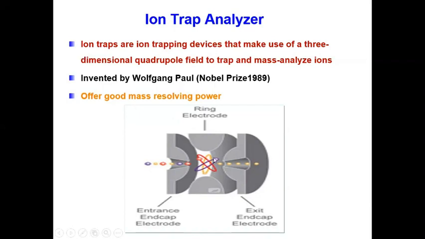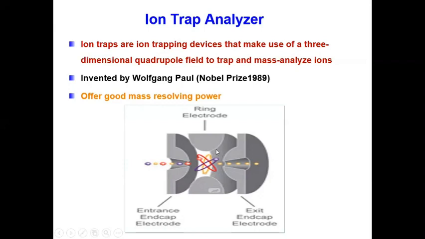They will have a circular path, and the ions that match the applied voltage will pass through to the detector. The molecular ion peaks that do not match the applied voltage will be thrown out from the ion trap analyzer.